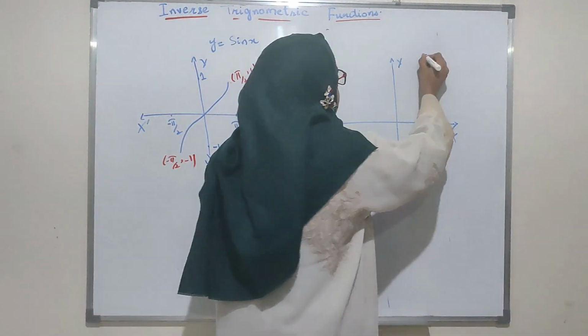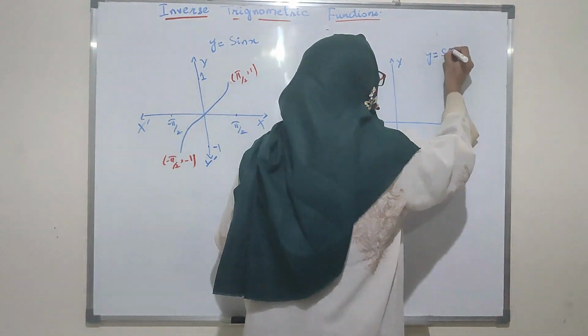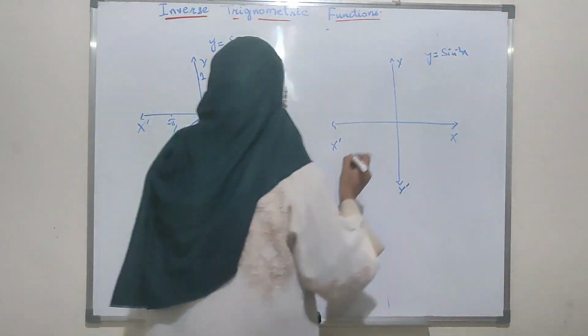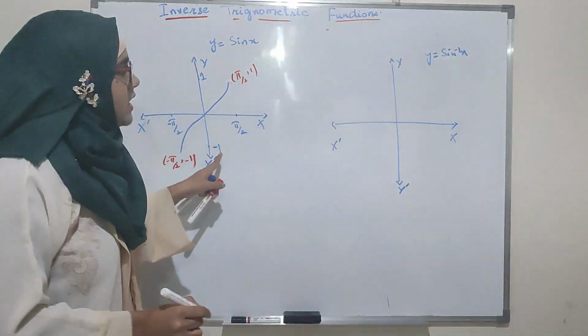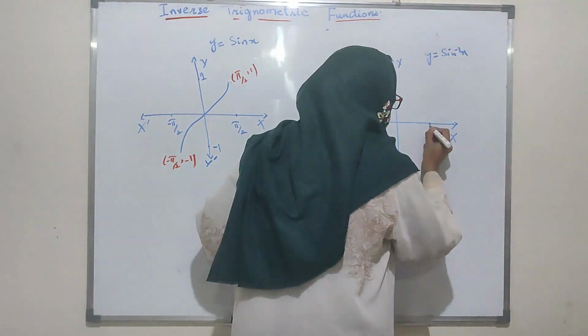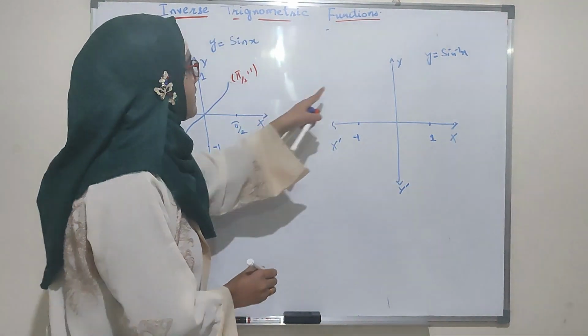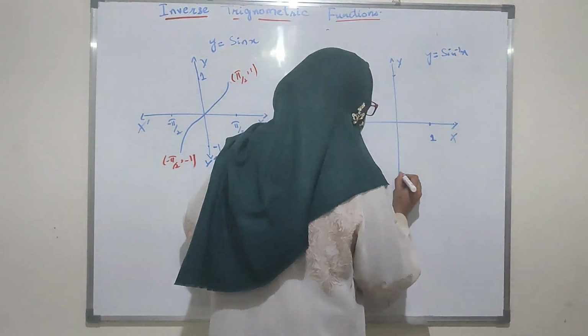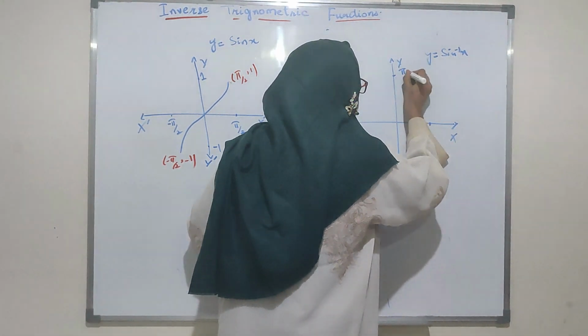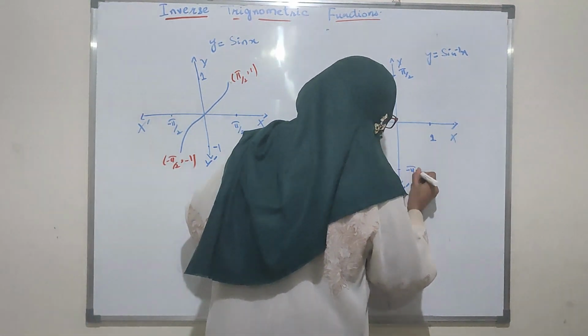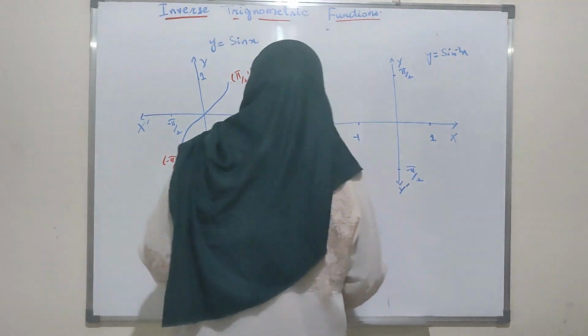For sine inverse of x, the older points of the y-axis become the x-axis. Here it is plus 1, here it is minus 1, and the x-axis points become the points on the y-axis: pi by 2 and minus pi by 2. And the graph is like this.